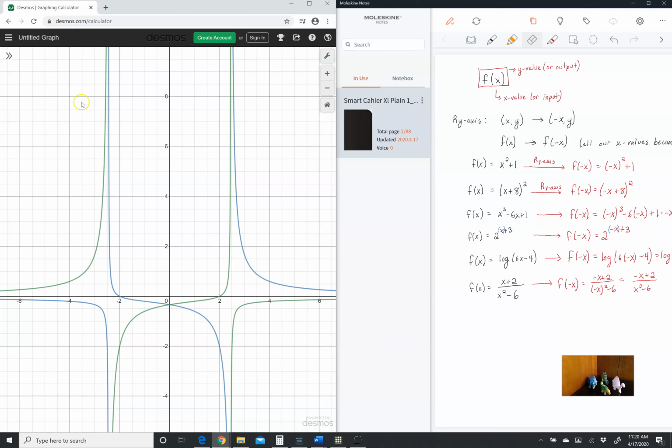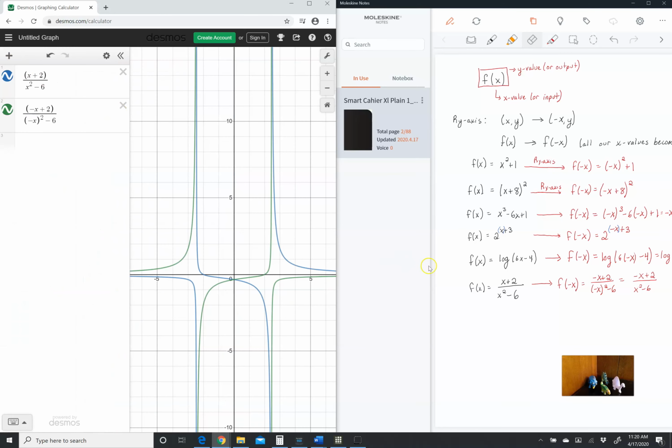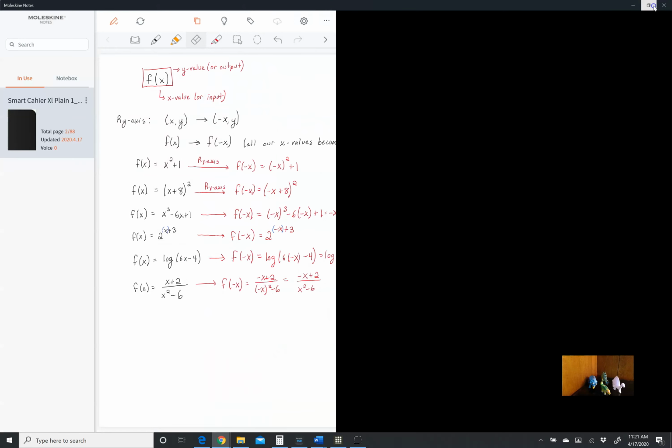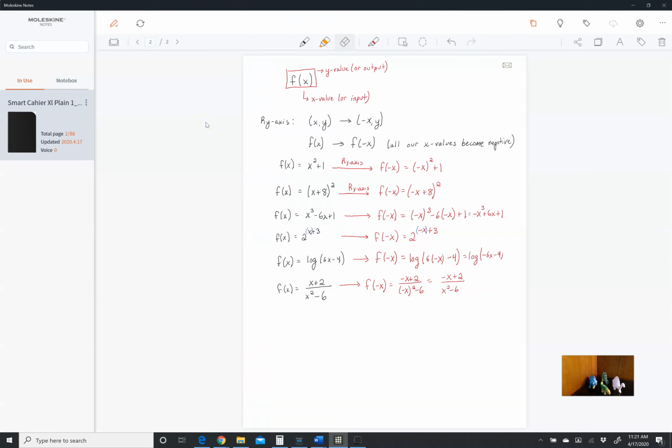This green section of the graph, its reflection is over here in the blue section. And then this section here, here's the reflection on the other side. So we can see that each of these functions gets reflected in the y-axis. Okay, so that's the y-axis. So the x-axis is really not any different than the y-axis. It's just that it's using the x-axis as a line of symmetry.